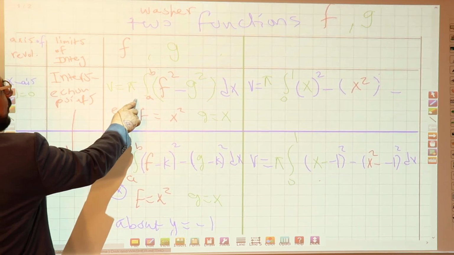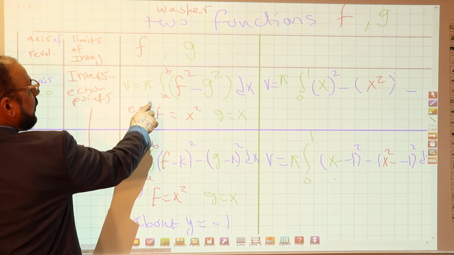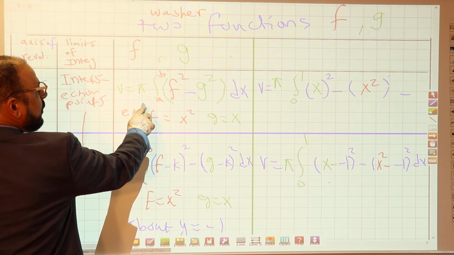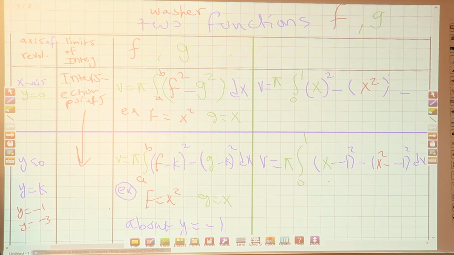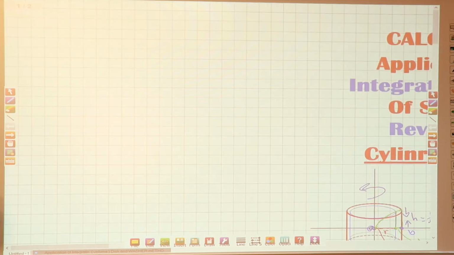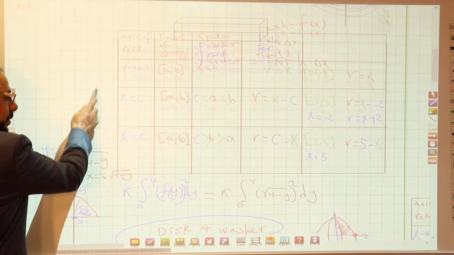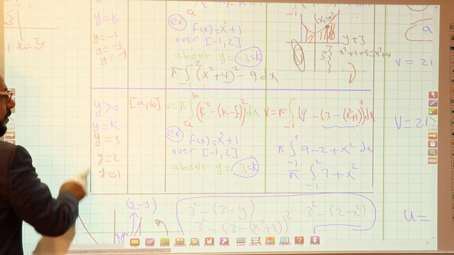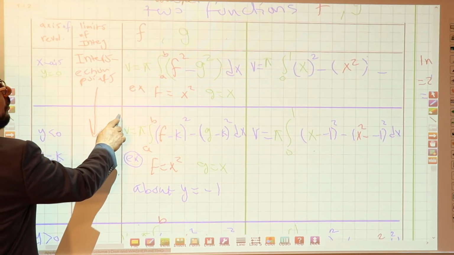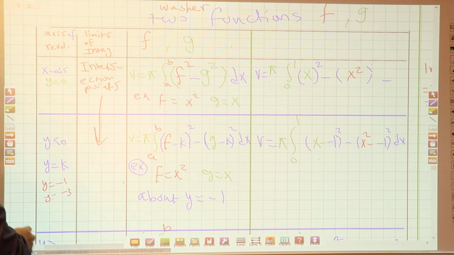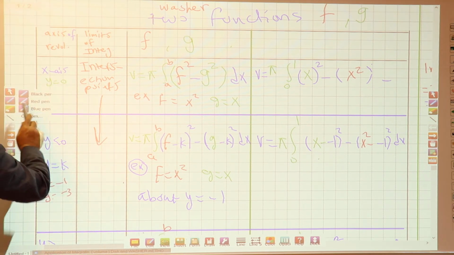Now you can see the whole table. Washer method. When we have how many functions? Two functions.